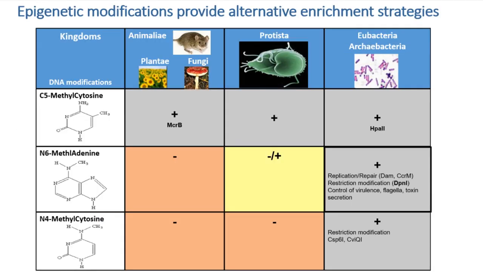So epigenetics is really the modification of the standard 4 bases of DNA. And this table looks at some of the common epigenetic modifications across the different kingdoms, from bacteria, protists, animals, plants, fungi. Again, we're all familiar with the standard 4 bases, A, G, C, and T, and most people are very familiar with 5-methylcytosine.